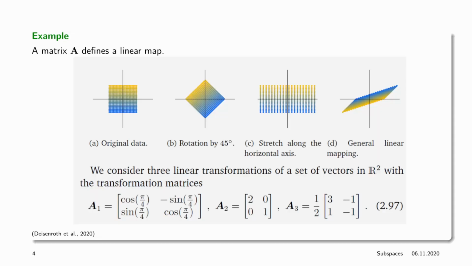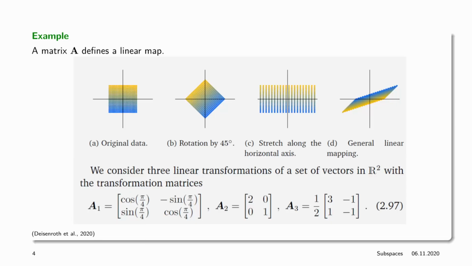Now, linear maps are typically defined by a matrix A. And here we see a number of these matrices and the types of linear maps that they define. So in this example here in A, we see the original data, which is in R2, points placed in an equidistant grid, colored from yellow on the top to blue on the bottom.